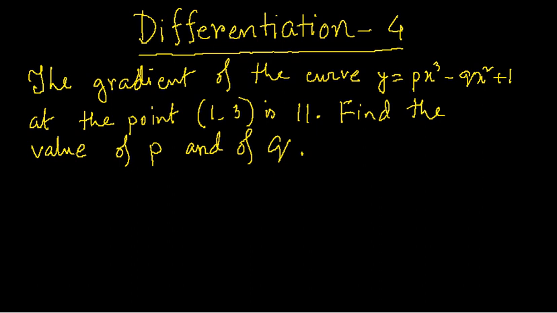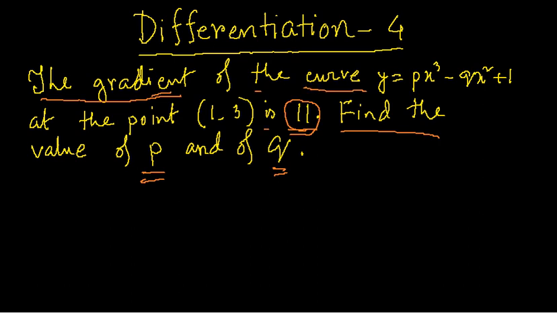So we have to find the value of p and of q. It is given that the gradient of the curve at the point is 11.